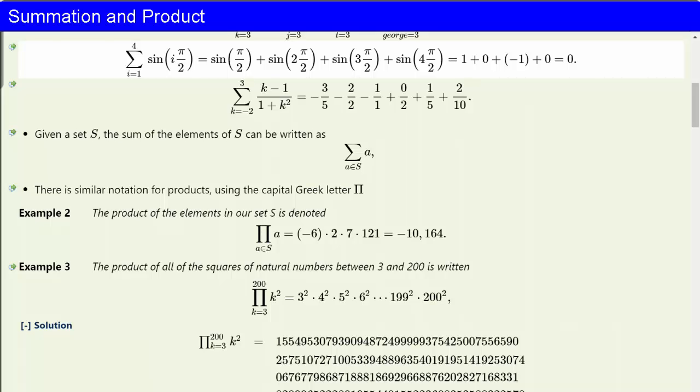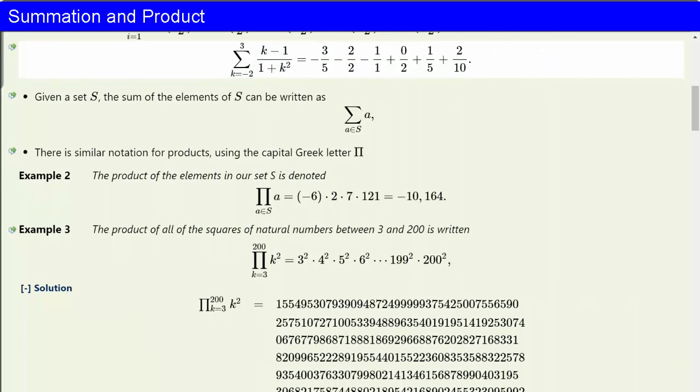Let's look at another example. The summation from k equals -2 to 3 of the ratio of k minus 1 to 1 plus k squared. You set k equal to -2, the lower limit where you start, and you calculate that ratio and you get -3/5. You increase k by 1 from -2 to -1, and you calculate the ratio and you get -2 over 2. Now you continue in this way.